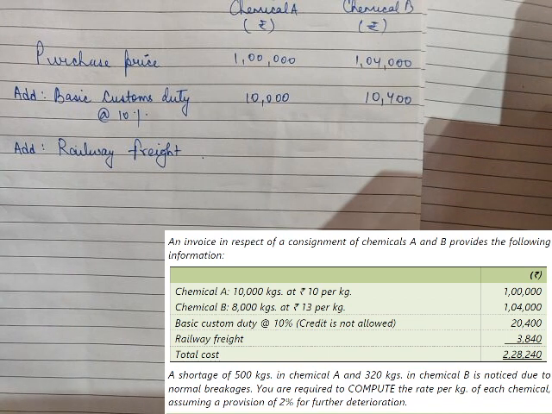Now the railway freight, a total figure is given, 3,840. So we'll have to apportion it between the two chemicals. The most logical is to divide it on the basis of the actual quantity procured of both the chemicals. So we are going to apportion it on the basis of kgs.